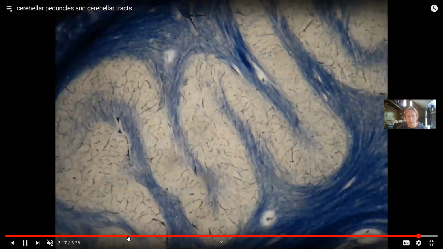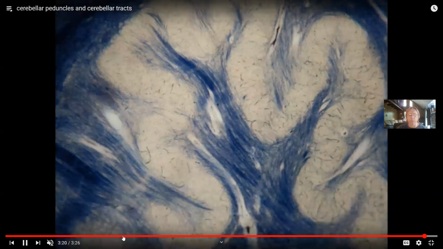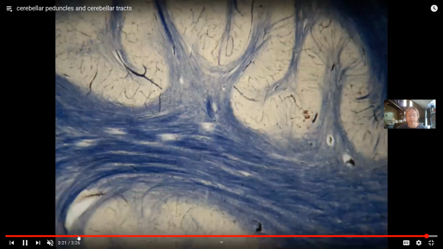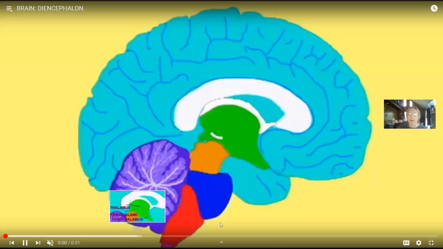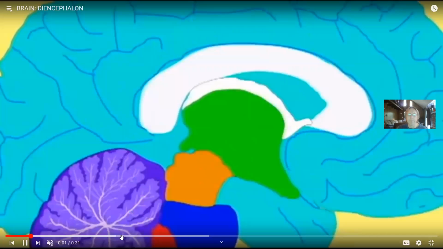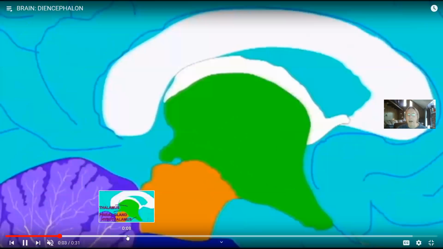One final point was that in each of the three regions of the brainstem, there are these cerebellar peduncles which help to fix and communicate with the cerebellum. So this has been an overview of the three smallest parts of the brain, collectively called the brainstem.